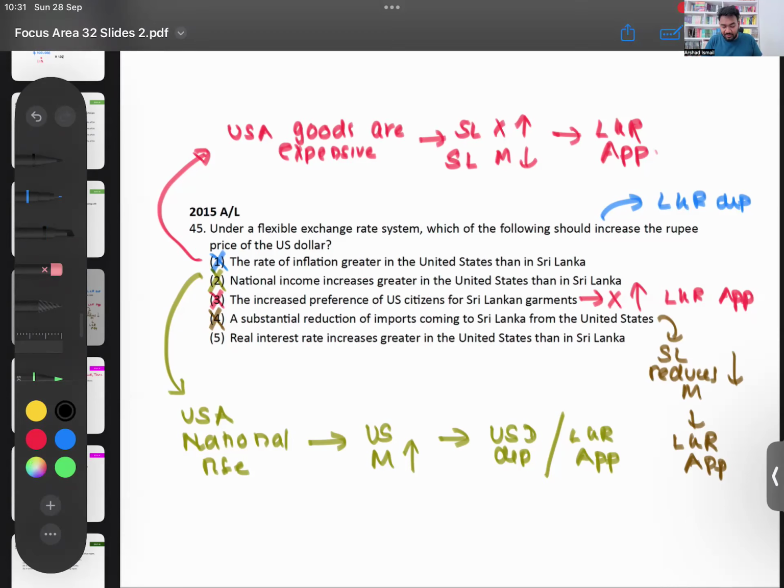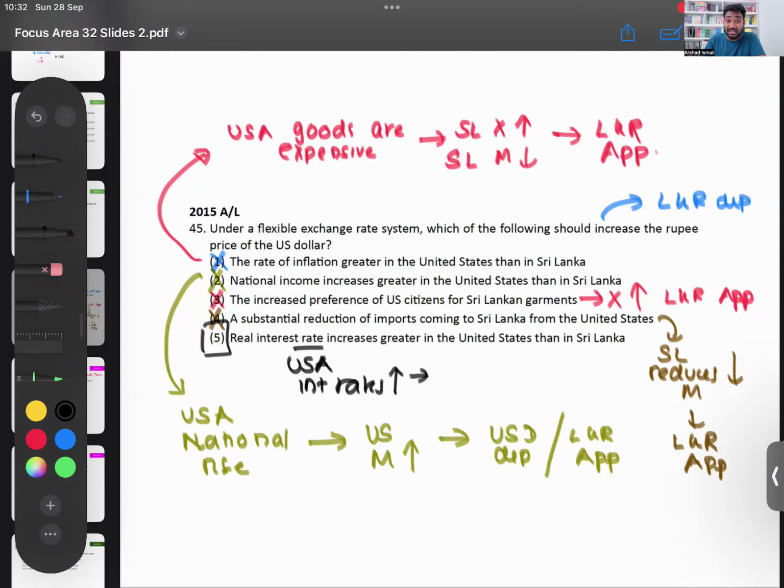Then if you go to the fifth one, they say real interest rate increases greater in the US. So if interest rates increase in the US, where will people like to invest their money? Will people like to invest their money in Sri Lanka or in the US?